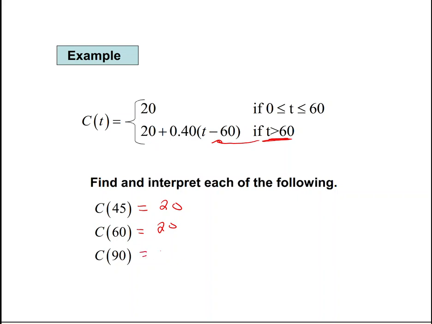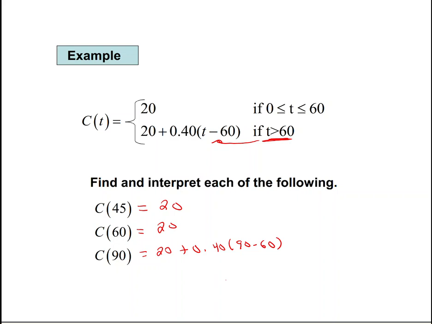So we would write this out, replacing t with 90 minutes, because that's how long we talked on the phone. Then we have this simple expression to evaluate. Order of operations tells us to first simplify inside the parentheses, so 90 minus 60 gives us 30.